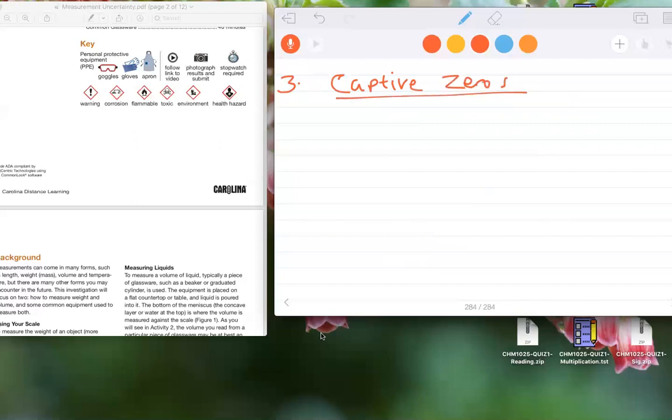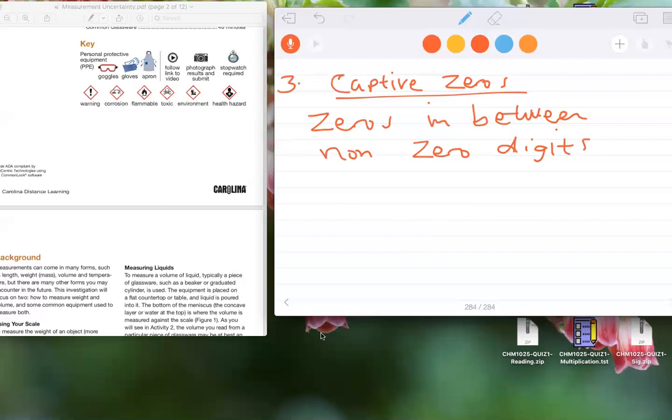These are zeros in between non-zero digits, or digits for that matter.